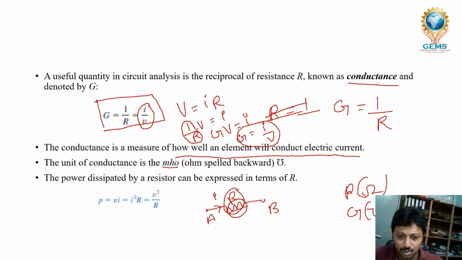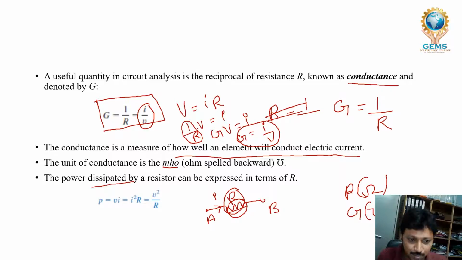And one more thing I would like to tell you here: resistor is a static element. It doesn't store any energy. Alright. So here we need to calculate the dissipated power in a resistance.